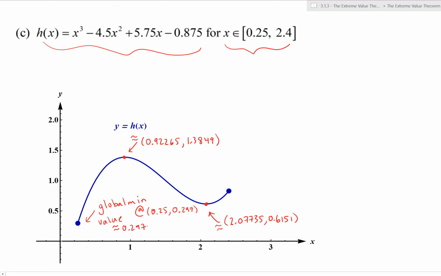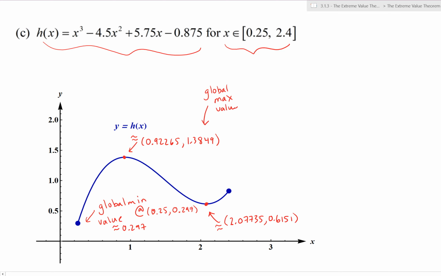The right-hand endpoint doesn't play much of a role in this situation because that point is not a local extreme point and it's not an absolute extreme point either. In fact, at the very first local extreme point, right up here, that is our global max location as well. So the 1.3849 number, approximately, is our global max value.